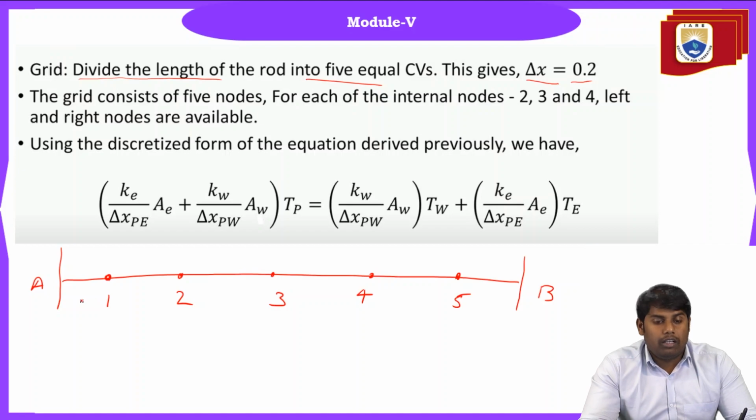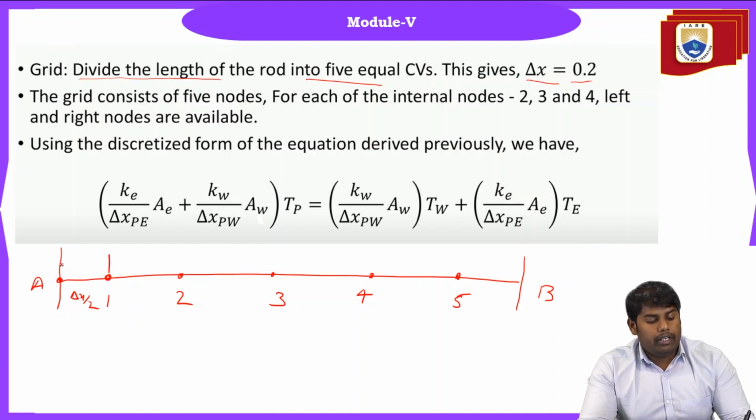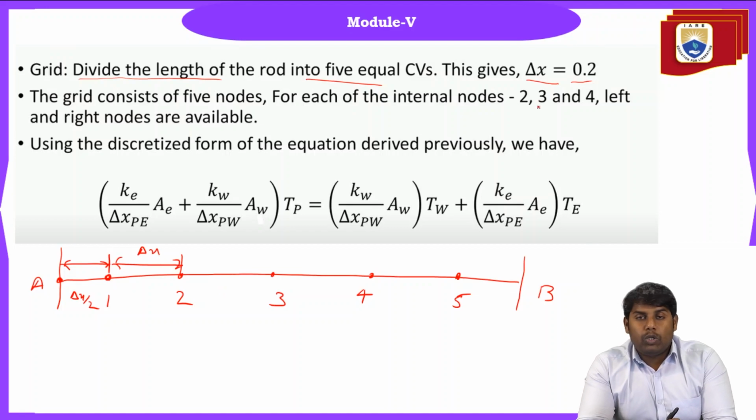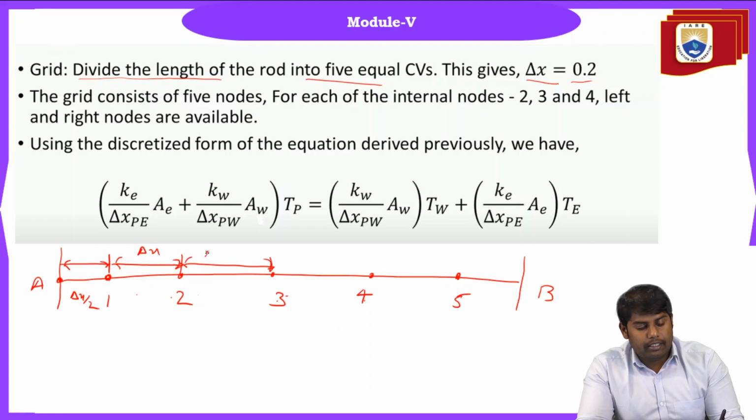Between A and 1, let us take the spacing as delta x by 2. Now in between these, we will take it as delta x. So between 1 and 2, 2 and 3, 3 and 4, 4 and 5, we have the spacing as delta x.